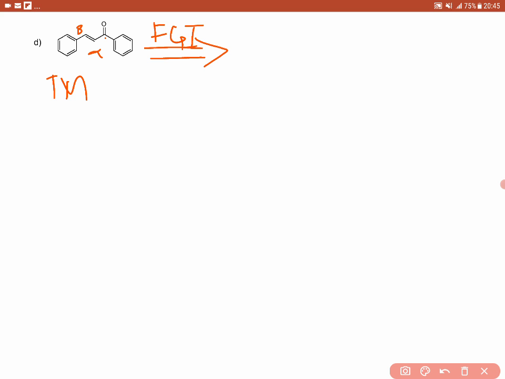And the functional group interconversion is a dehydration, because we should be able to see that the double bond was made from a beta hydroxy compound through a dehydration process.